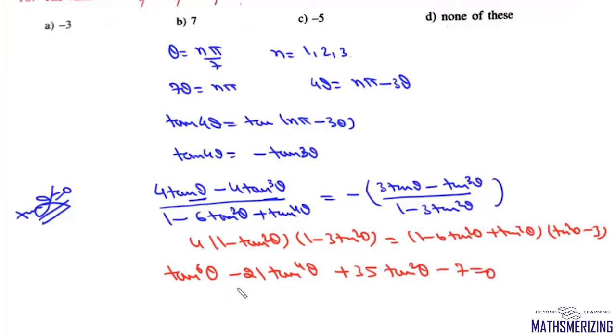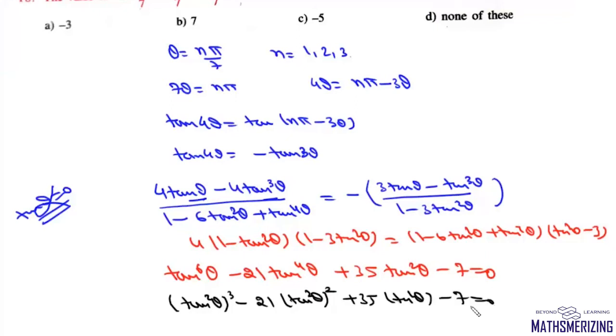Now this again is a cubic equation in tan square theta. So we can write this as tan square theta cube minus 21 tan square theta square plus 35 tan square theta minus 7 equals to 0, whose roots are tan square pi by 7, tan square 2 pi by 7, and tan square 3 pi by 7.